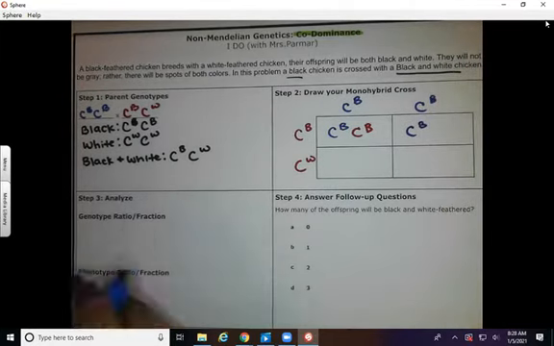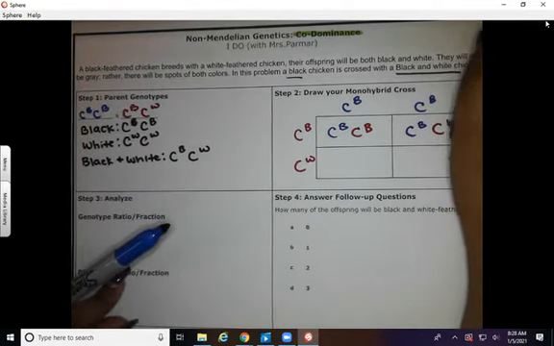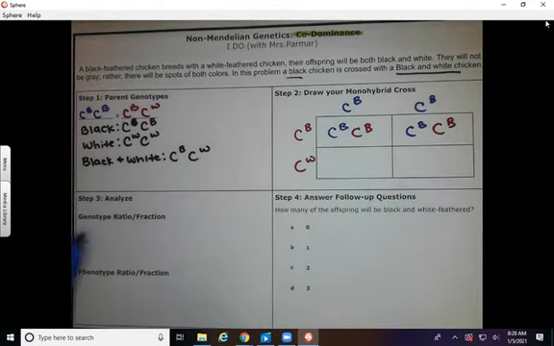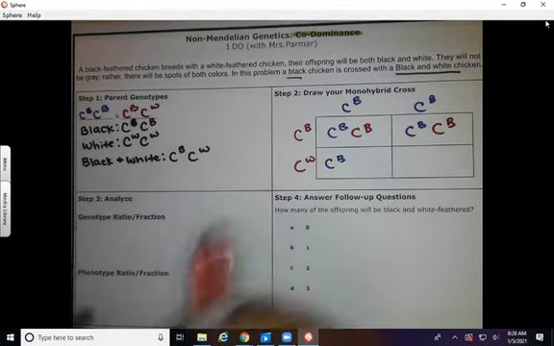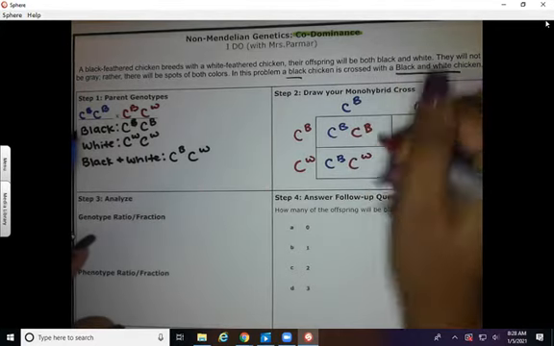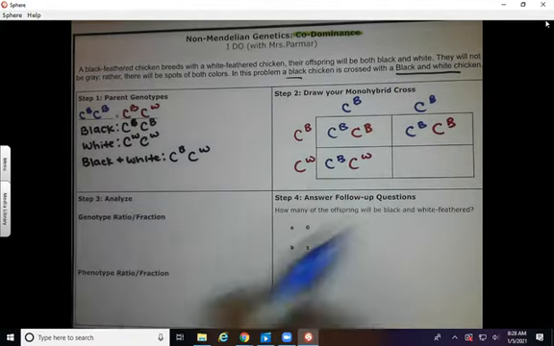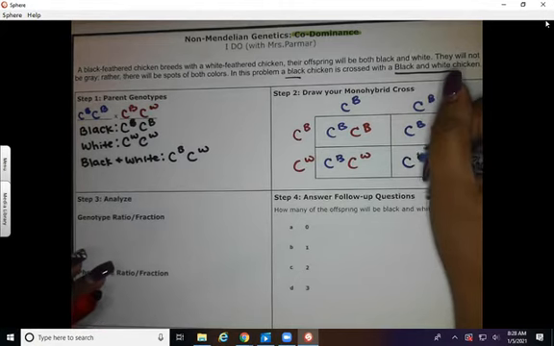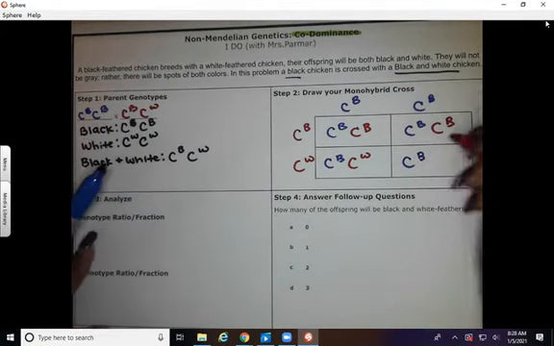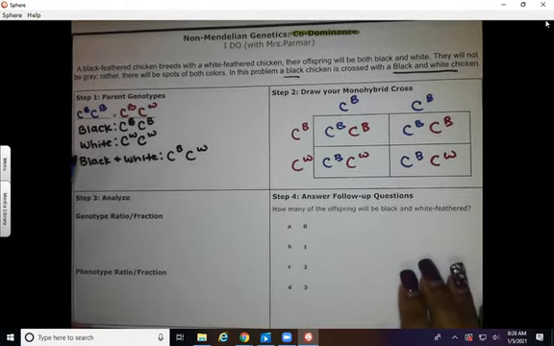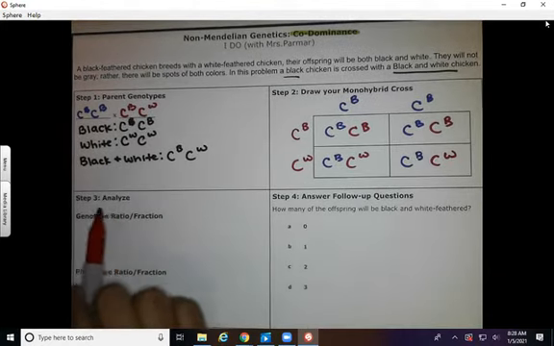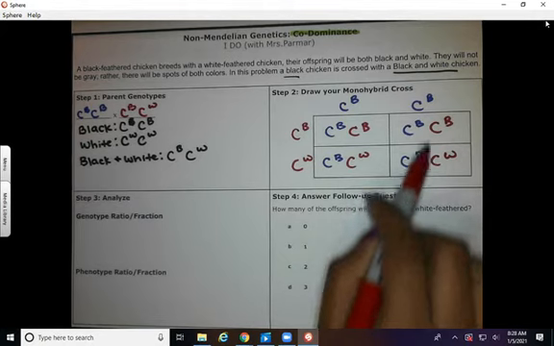CB, CB, from here and here. CB, CW, coming from here, and CB, CW, coming from here. Alright, so now we're going to analyze these children, these four chickens.